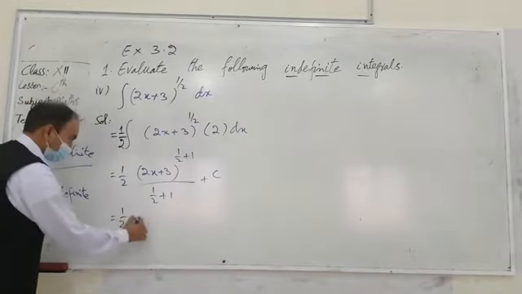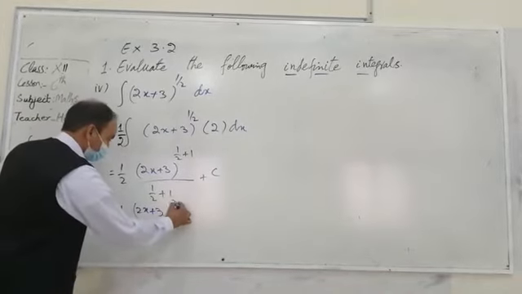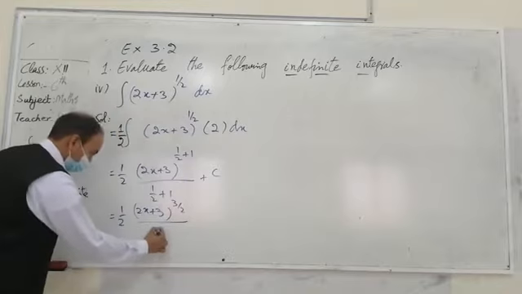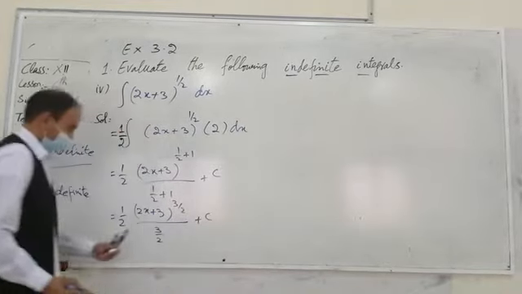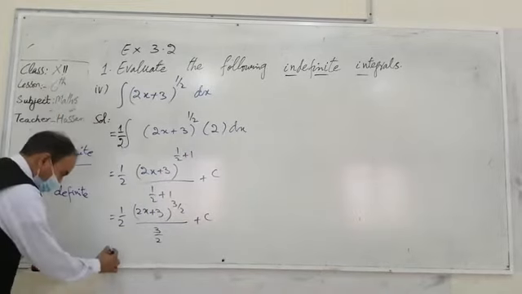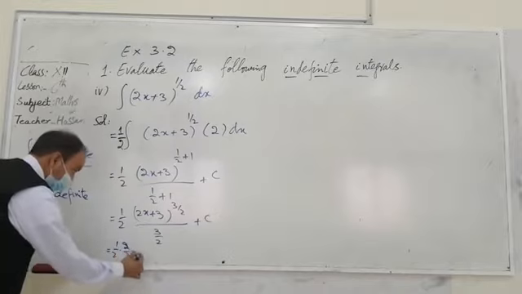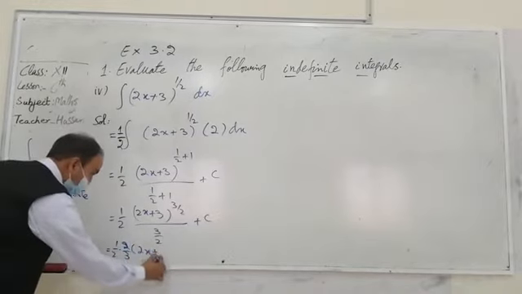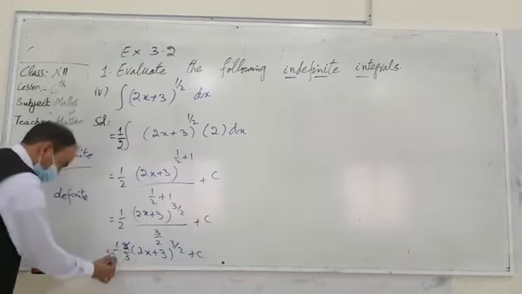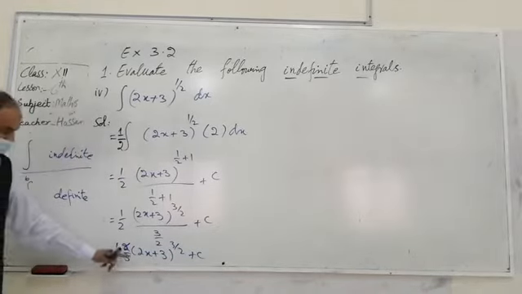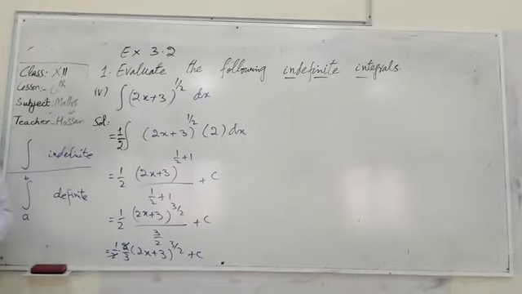Here we have 2x plus 3, the exponent will be 3 by 2 by adding 1 plus 1 by 2, same 3 by 2 over here, and plus c will remain. Shifting 3 by 2 to the top, we get 2 by 3 coming on the top, and no change over here, 2x plus 3 whole power 3 by 2, then the constant of integration. So our final answer will be 1 over 3 into 2x plus 3 whole power 3 by 2 plus c. Hope you all understand.